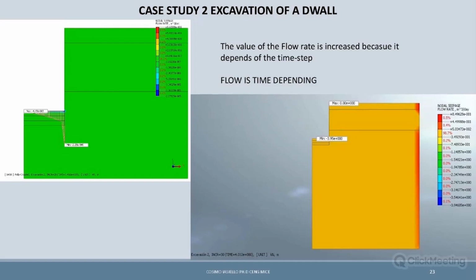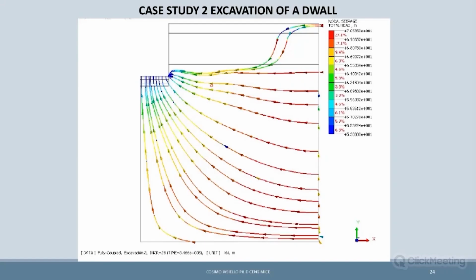This is helpful for us because sometimes as engineers they ask for a flow analysis, but when we have set up already the flow rate, in this case it's very easy to implement in MIDAS because we can set up the days to have this flow rate, and we are sure that our pressures are not affected.